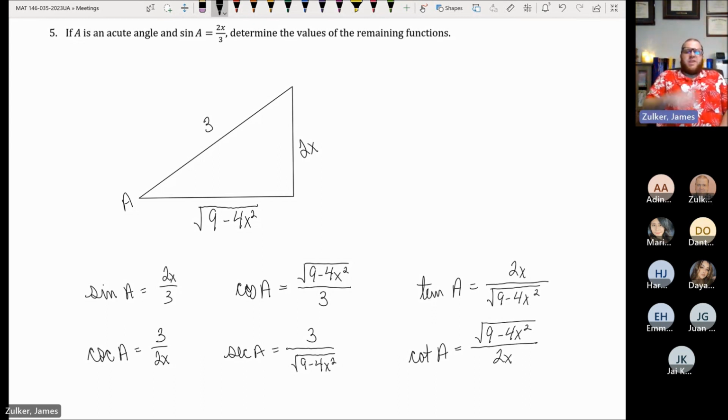Right? And that makes cotangent the reciprocal.